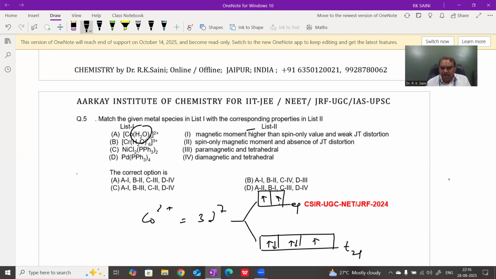Now, the magnetic moment is higher than the spin-only magnetic moment, and there is weak Jahn-Teller distortion in this complex, because the d orbitals are unsymmetrically filled in T2g. When d orbitals are unsymmetrically filled in Eg, then Jahn-Teller distortion is very strong, not weak.